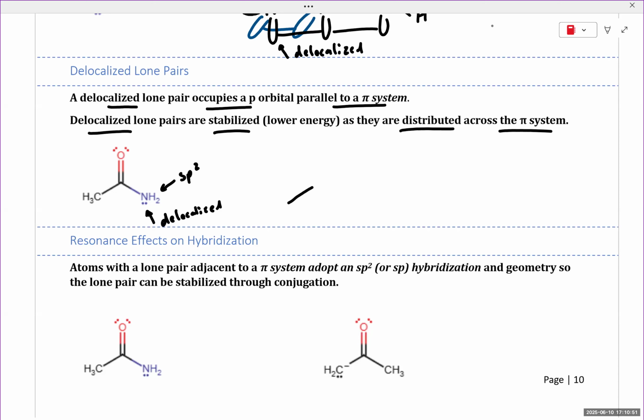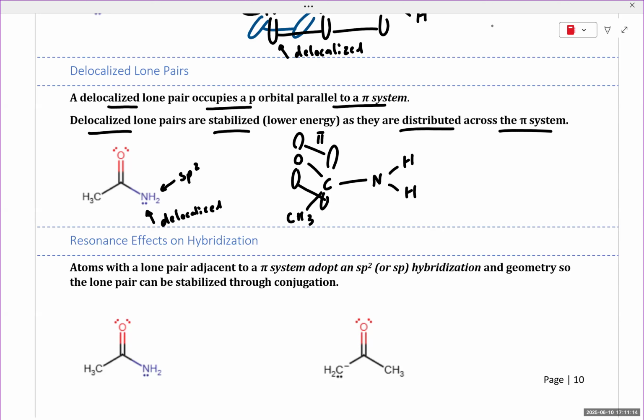Why would it do that? Well, in this case, if we have our carbon-oxygen bond, which I'm going to draw like so, we have a pi bond. This carbon is also connected to a CH3 group, and it's connected to a nitrogen atom.